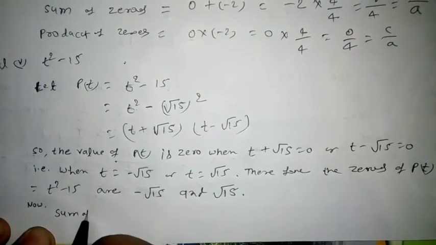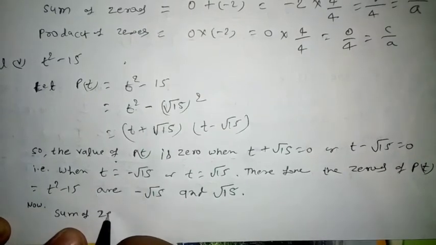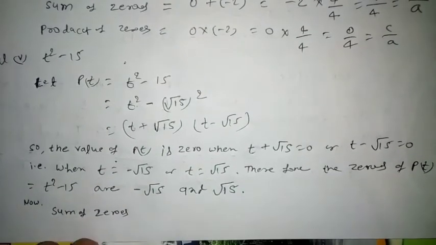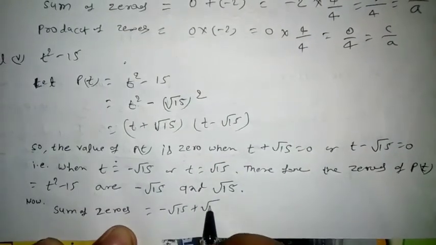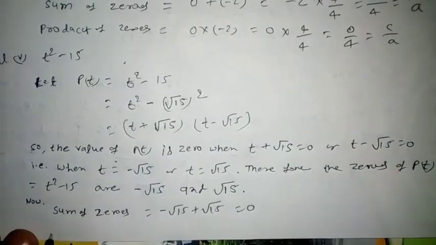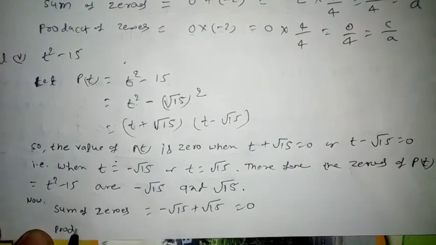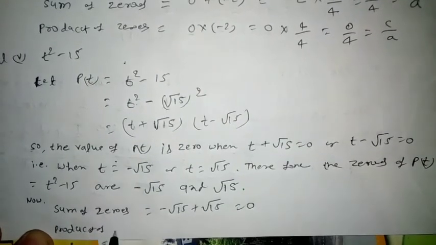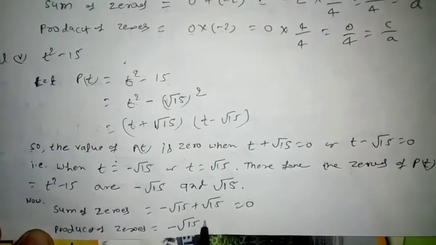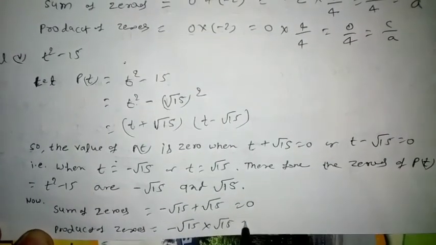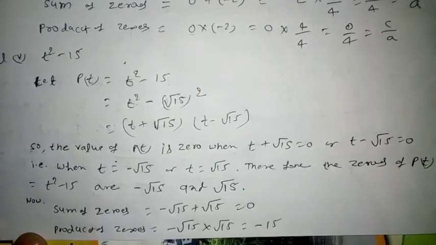Sum of zeros is equal to minus root under 15 plus root under 15 is equal to 0. Product of zeros is equal to minus root under 15 into plus root under 15 is equal to minus 15.